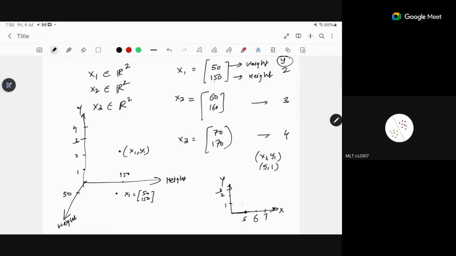So my data point will be here, which I call x1, y1, and this is one vector. x2, y2 is another data point and another vector, and x3, y3 is another point and another vector. But this is one pair of x and y.